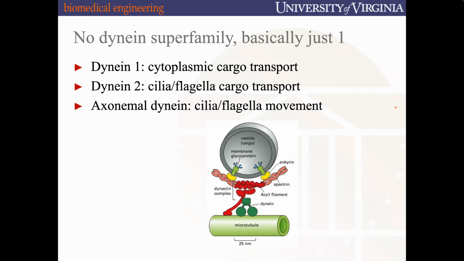But this dynein 1 is doing a lot of the transport in different types of cells for different types of cargo. And it can do this because, unlike kinesin, where the cargo binding domain is inherent to the protein, dynein utilizes different adapter proteins. So it's going to associate with different proteins that can bind the appropriate cargo.